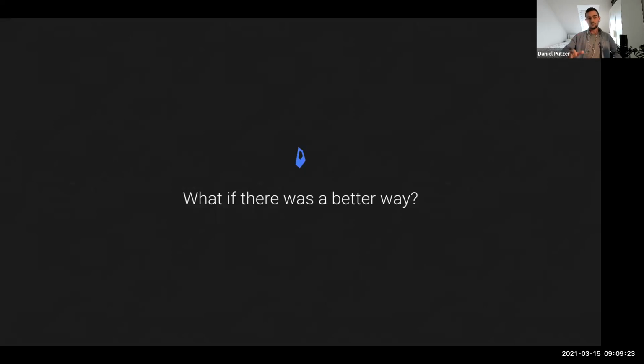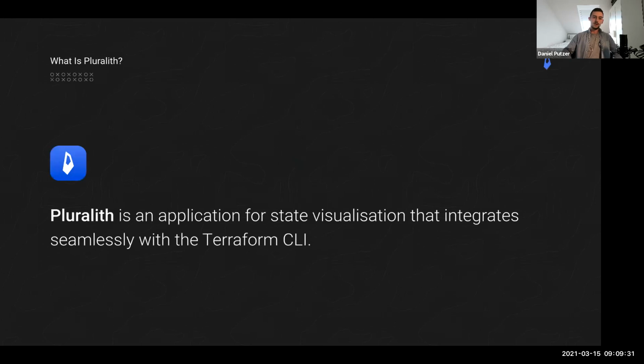And I set out to create a solution, and the solution is the project that we're going to talk about today. And it's called Pluralith. To put it into one simple sentence, it's an application that lets you visualize your Terraform state and it integrates seamlessly with the Terraform CLI, or at least that's the goal. The application is currently in development, so we'll see what it looks like in its final stage.